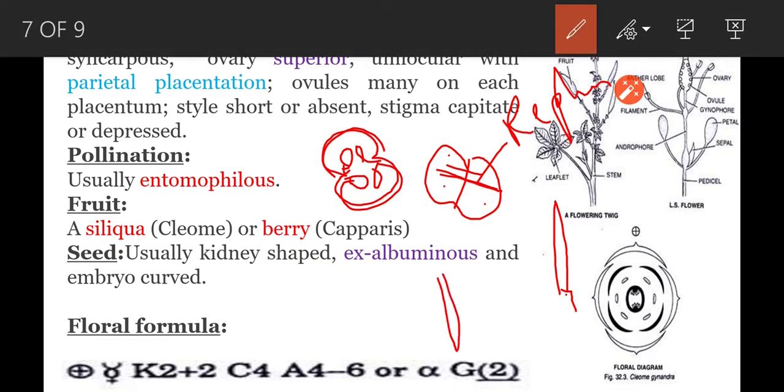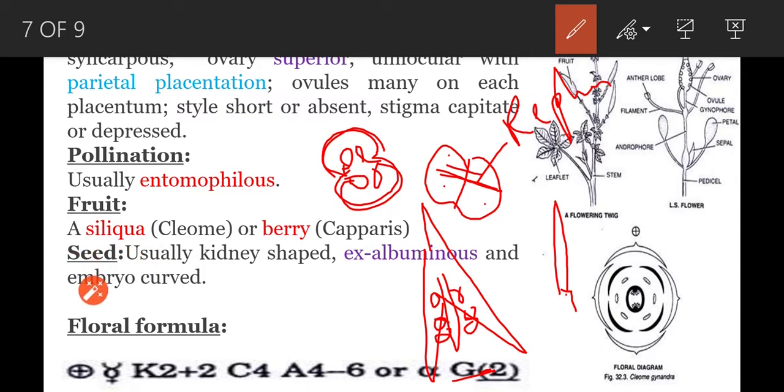That false septum is called replum. On the replum, a number of seeds are present, and the pericarp splits from base to apex. Such fruit is called siliqua. Otherwise, berry fruit is also found in Capparidaceae.